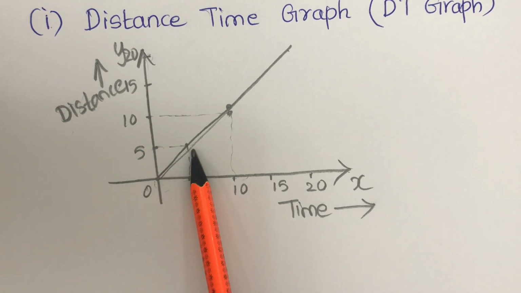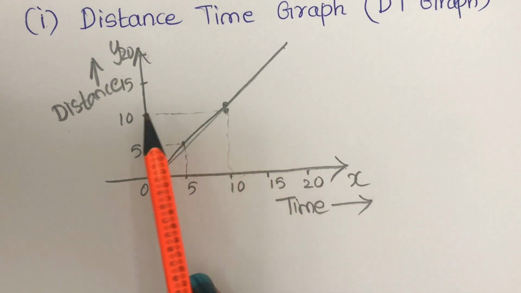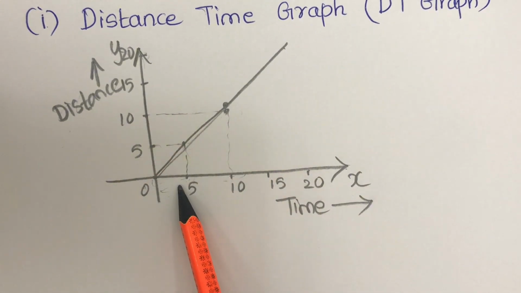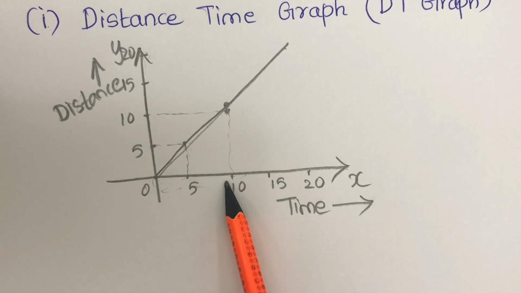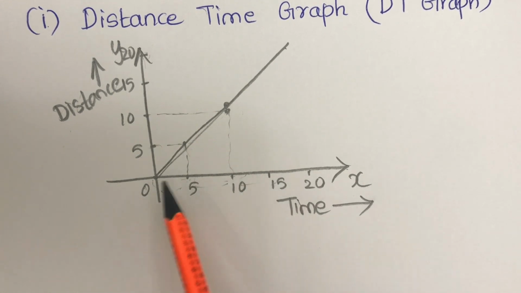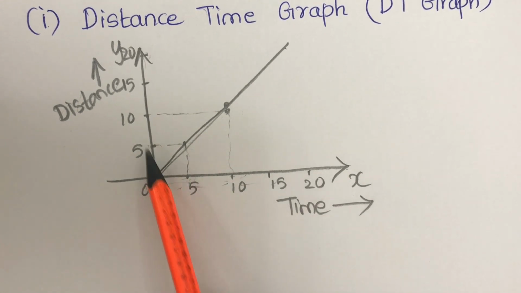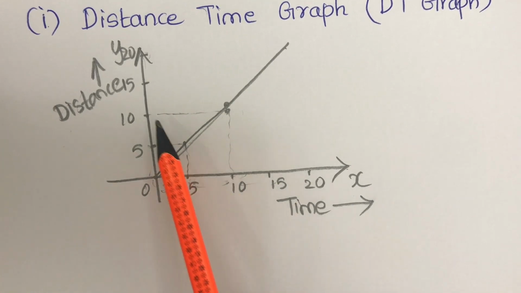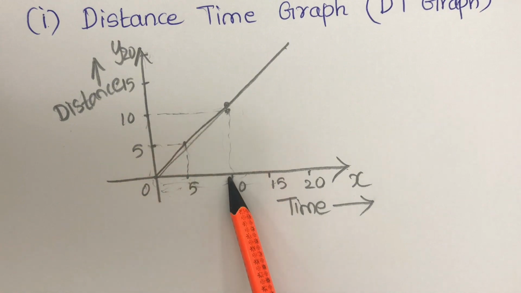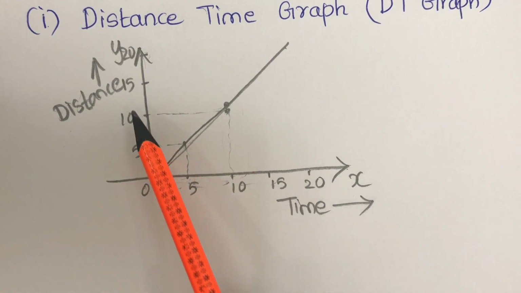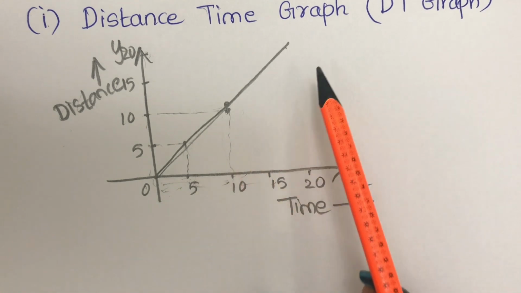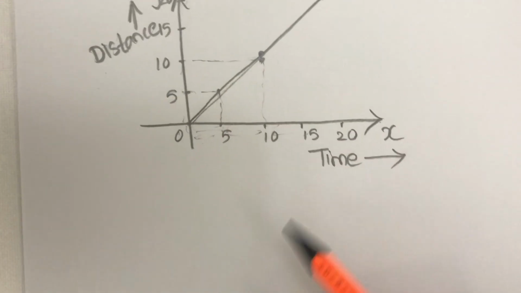Covering equal distance in equal intervals of time. Here it is 5 minutes, here also 5 minutes, here 5 minutes. In 5 minutes it's covering 5 kilometer, and the next 5 minutes it covers another 5 kilometer. So the distance time graph of an object moving with uniform speed will be a straight line.